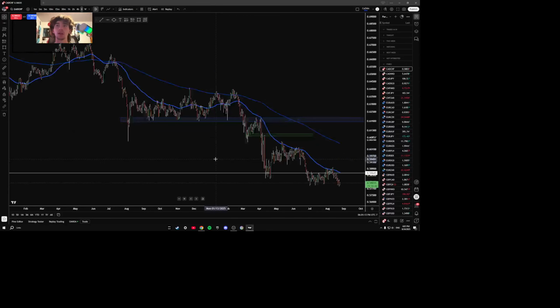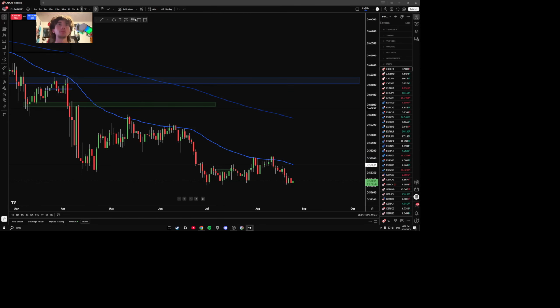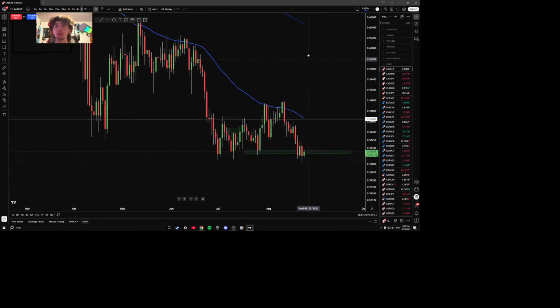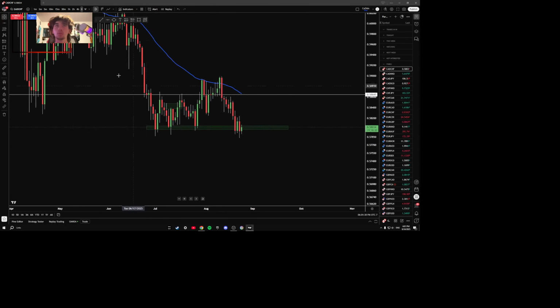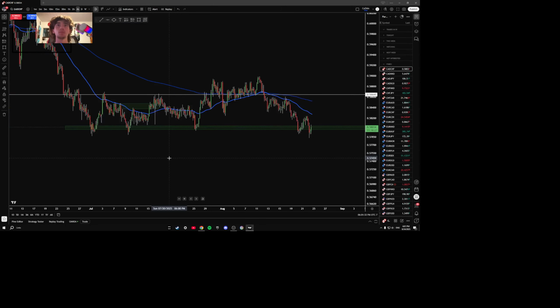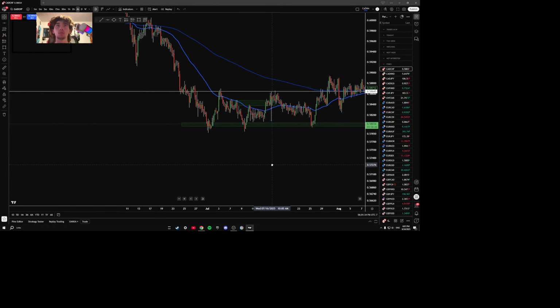Wow, it is at a bottom. And there's a good area of interest. But this is a crazy bottom, so it might just range. Let's see. Well.